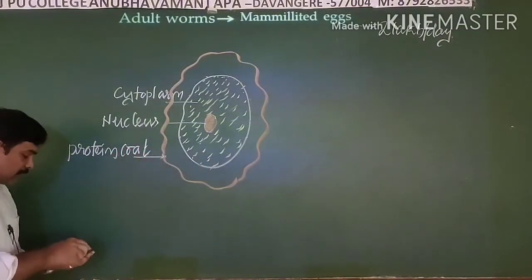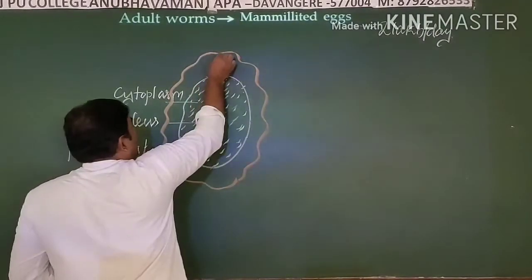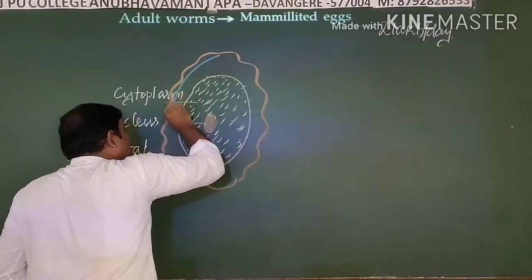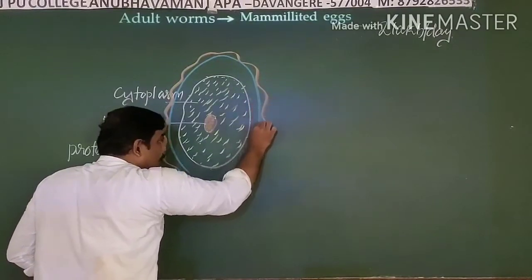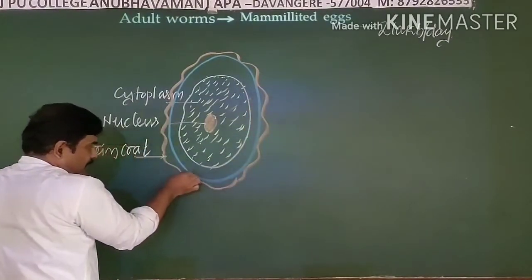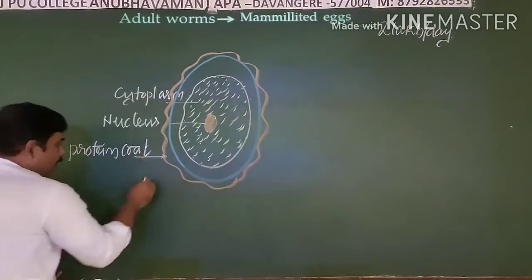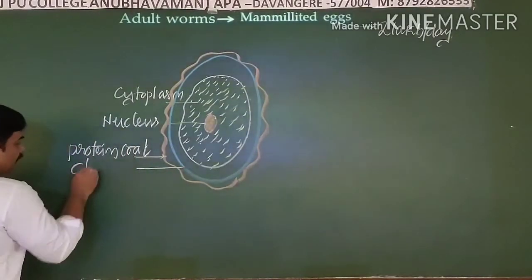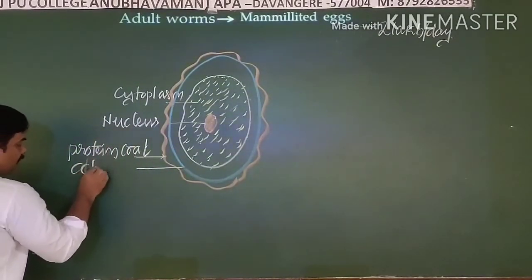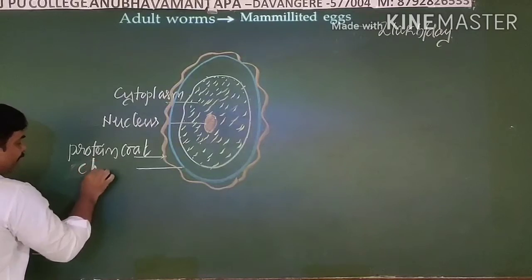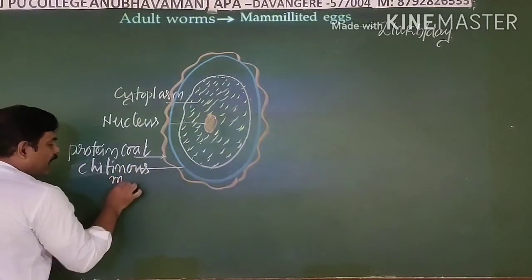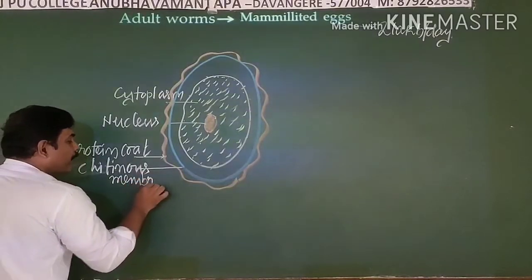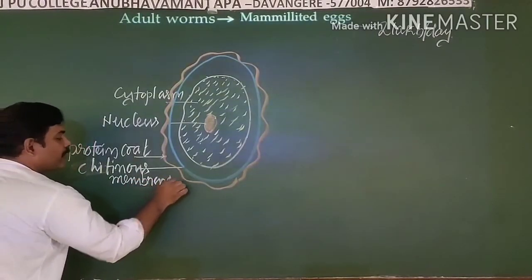Just beneath this there is one more layer, made up of chitinous material, the chitinous membrane or layer.